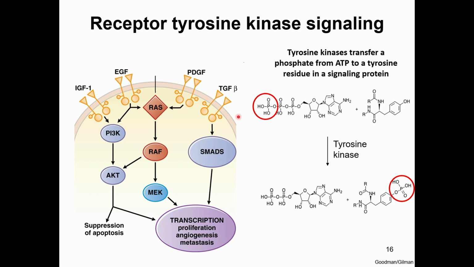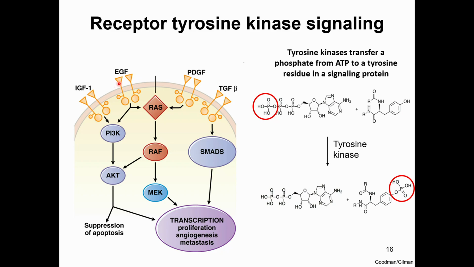What happens downstream from each of these growth factor receptors? This is looking at what happens to all of them. Well, EGF can activate RAS, but so can PDGF, the platelet-derived growth factor receptor, which then activates RAF and MEK, and you get transcription of proliferation genes.